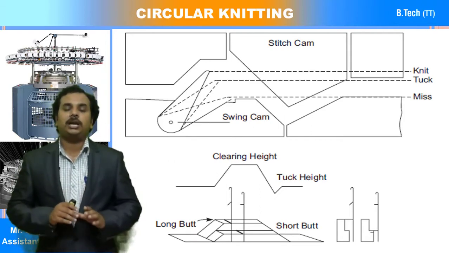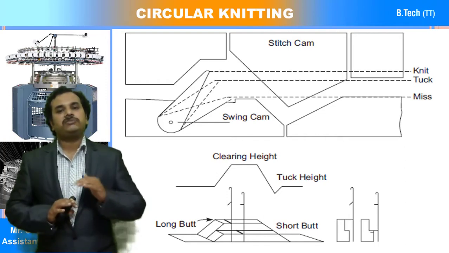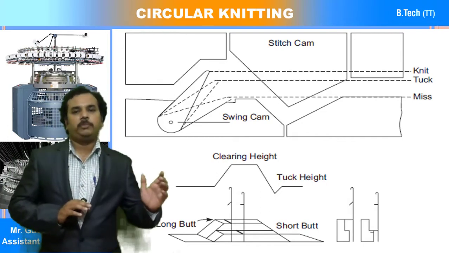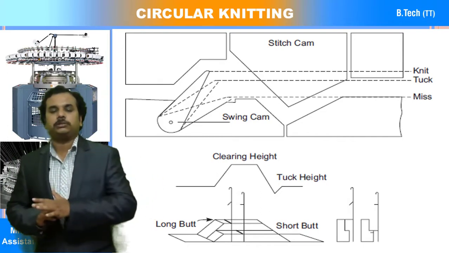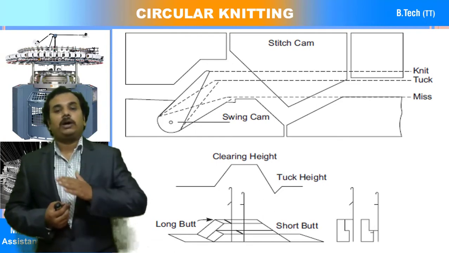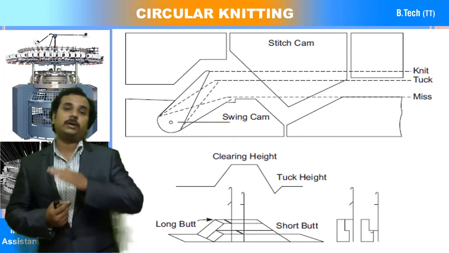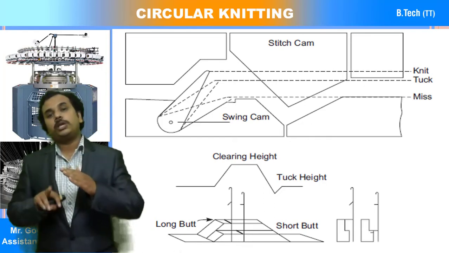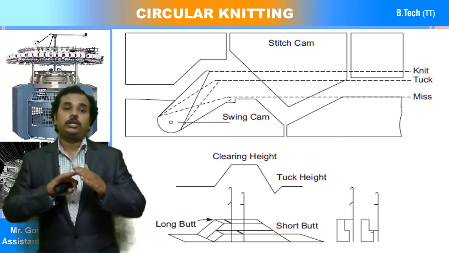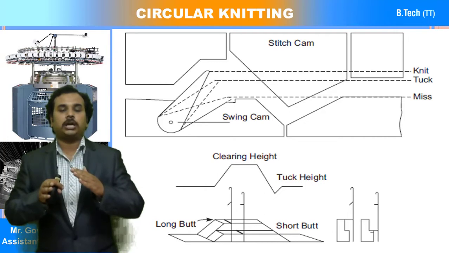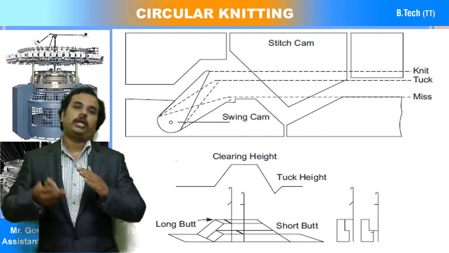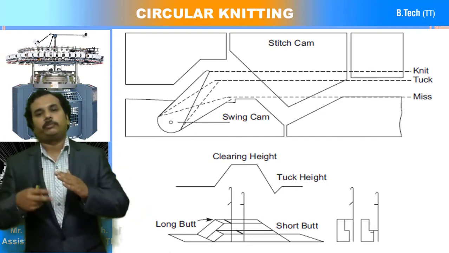You can see that there is a swing cam. If the swing cam path is equal to the running path, then it is called a miss. There is no rising up of the needle. For example, if we raise the swing cam up to a certain level, but there is no yarn clearing through the latch, so no clearing of the loop occurs, we again feed the yarn along with the old loop, so it will form the tuck stitch.